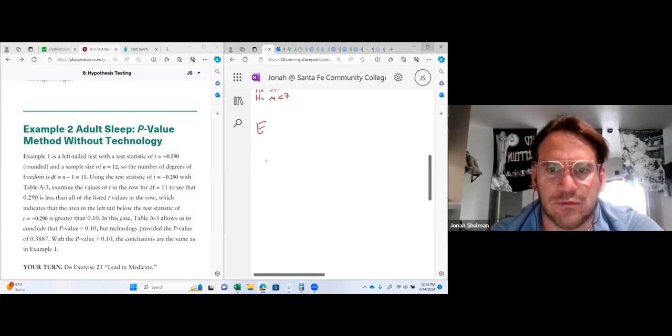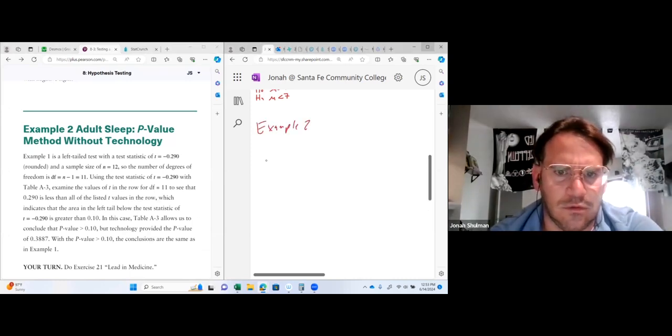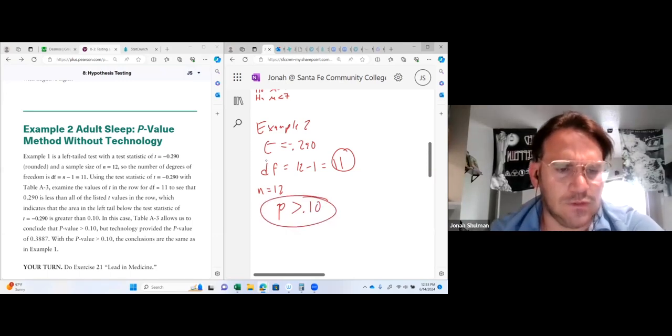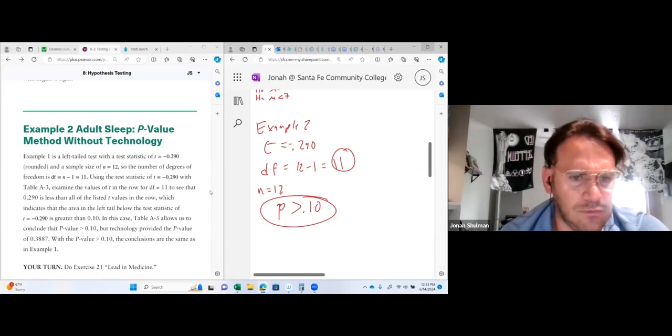So this is your example 2. T is negative 0.290. So if n is 12, this is 12 minus 1, which is 11. And we have the p-value, which is 0.10. So this is going to show us that if we have this value, but the technology provided a p-value of 0.3887. And we're testing this test statistic.